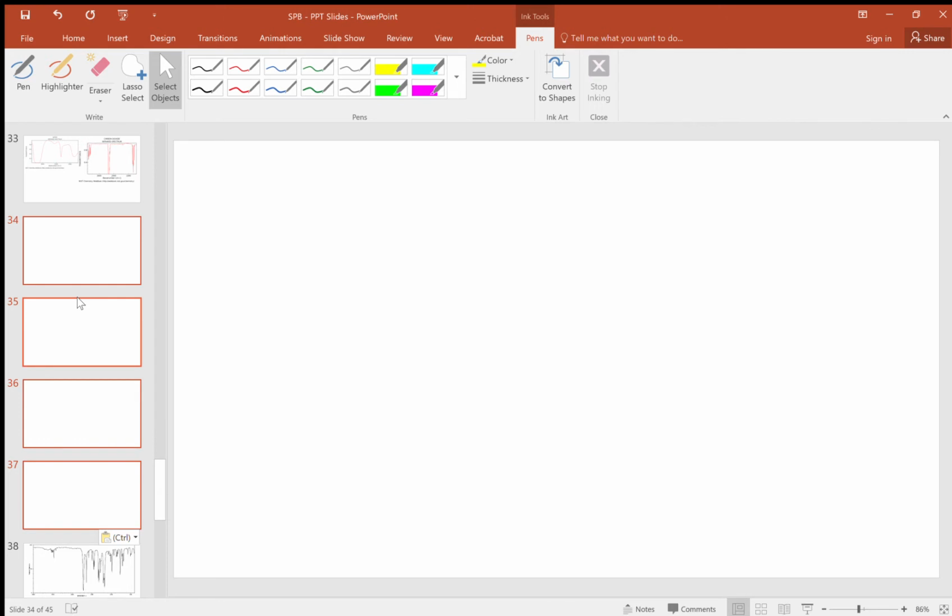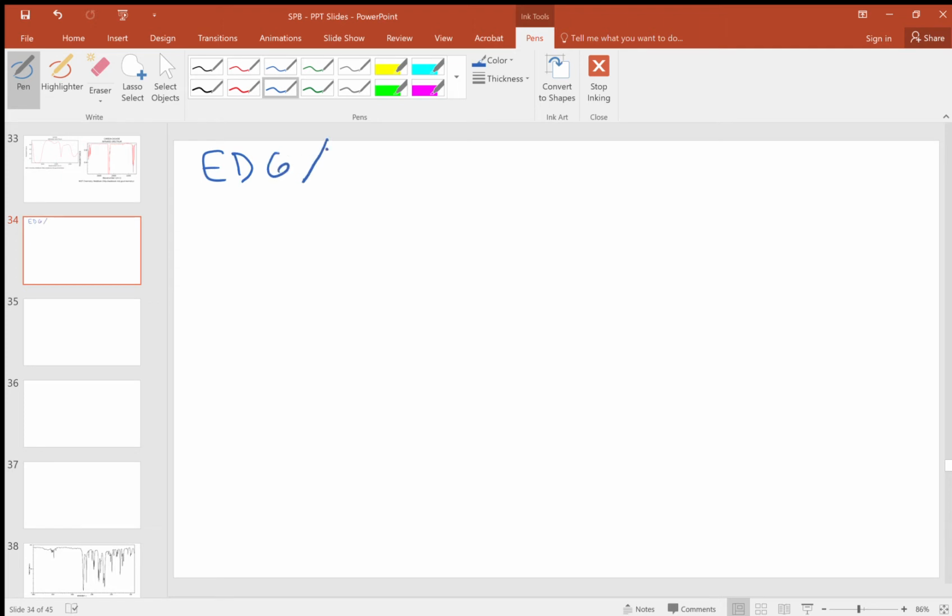And the answer is yes. The main determining factor is, do we have an electron donating group or an electron withdrawing group? So there are other factors that can come into play, but this is the most important one.